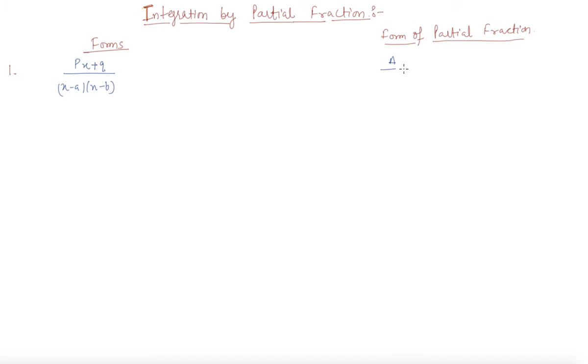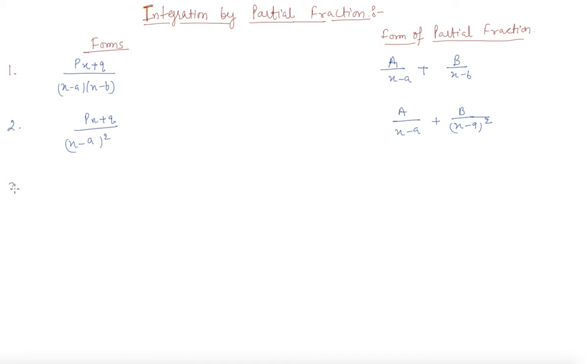So I will break down this rational fraction into partial fractions as A over x minus a plus B over x minus b. And the second form of rational fraction is px plus q over x minus a whole square. So this is A over x minus a plus B over x minus a whole square.